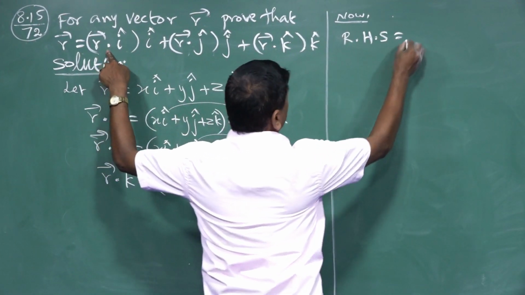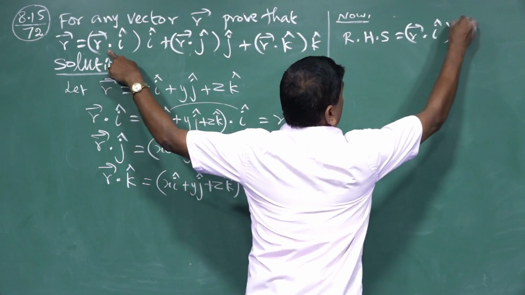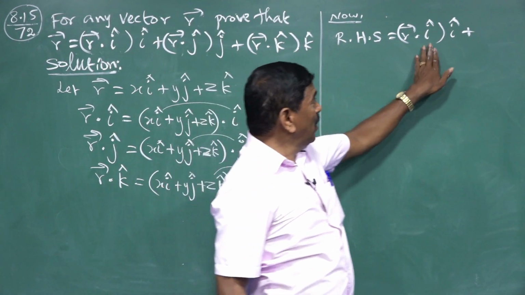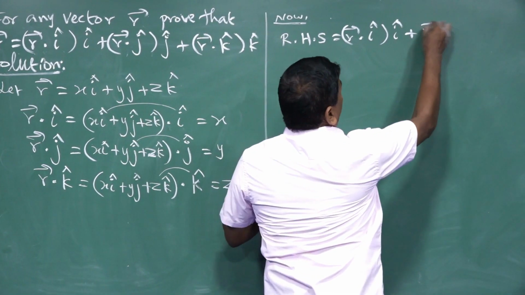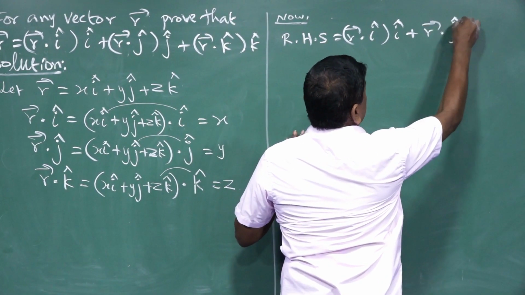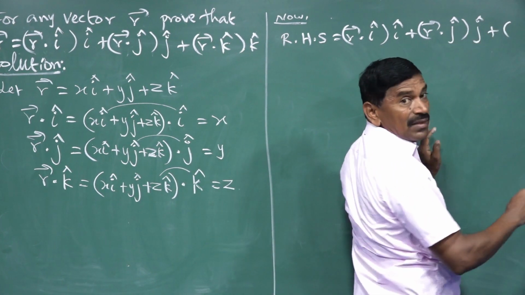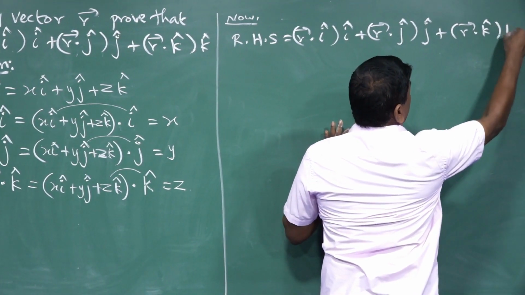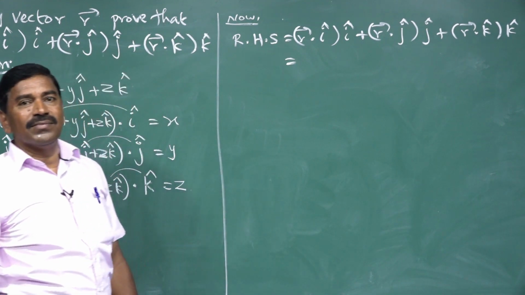RHS is equal to r vector dot i cap into i cap plus, in cyclic order i to j, j to k, r vector dot j cap into j cap plus r vector dot k cap into k cap, which is equal to, fill in yourself.